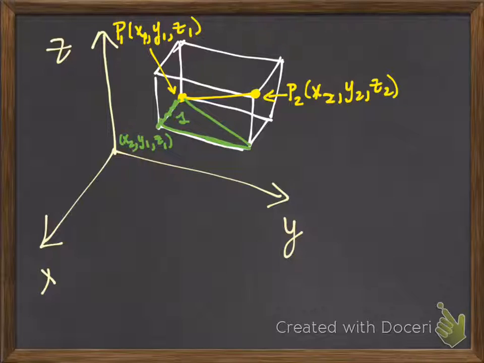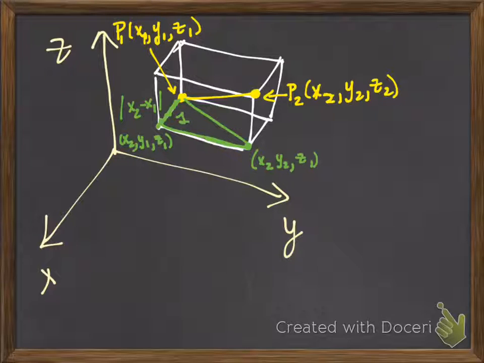Alright, so that means this distance right here is really just the difference in the x's. So we'll write that as x2 minus x1. Good. Alright, let's label this point over here. This point, notice, has the same x value as P2, the same y value as P2, but it has the same z value as P1.